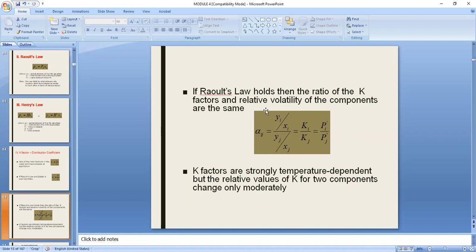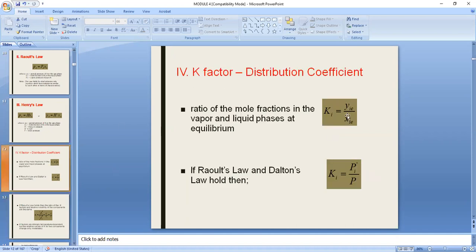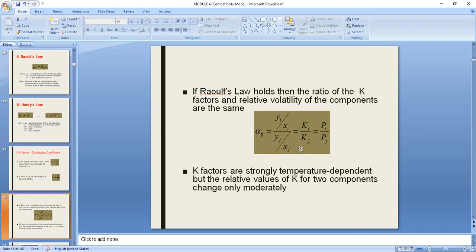So you have here ratios again of the mole fractions measured at equilibrium. I did not anymore write here at equilibrium, because anyway you have it in here. And then it could be the ratios of the two K factors, or distribution coefficients, or even the ratios of their pure vapor pressures. Now that's for the relative volatility.